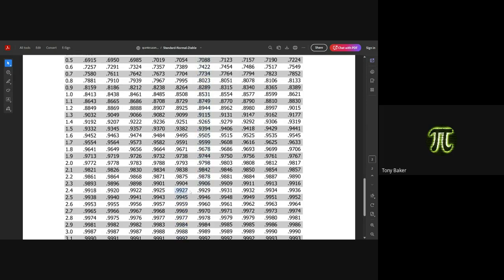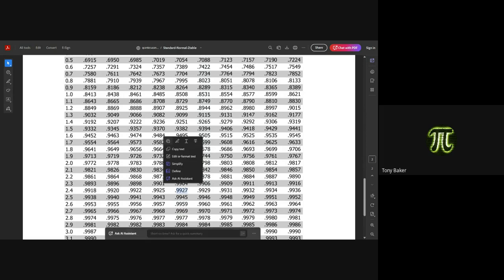The 2.44 is 0.9927. Is everybody able to find the 9927 there?